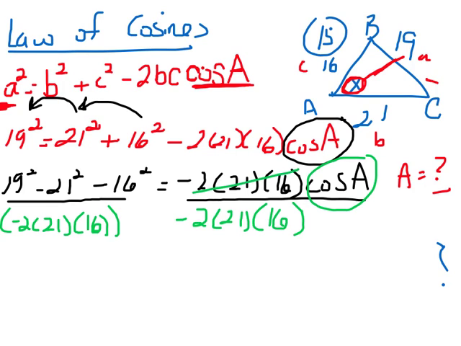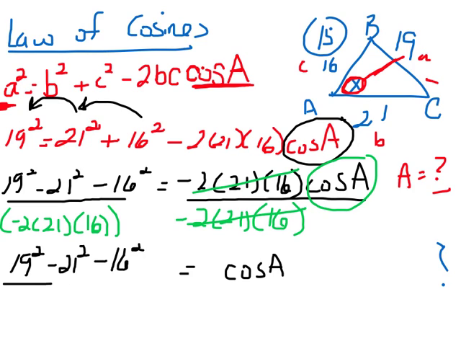I'm going to let the calculator do all my work, and I'm going to try to do the minimal amount of punching necessary in writing. So I have cosine of A is all that mess, which my calculator is happy to find for me. So that's like negative 2 times 21 times 16.